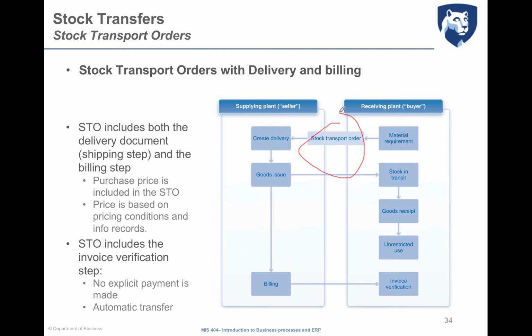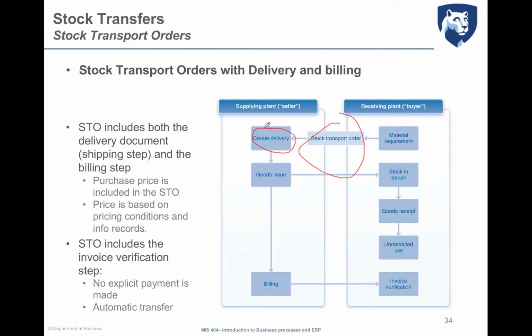In this case, differently from what happened in the previous two scenarios, a purchase price is included in the stock transport order based on pricing conditions and info records previously established. In reaction to this, the supplier creates a delivery document authorizing the shipment, because it is a stock transport order with delivery, so shipping activities are in charge of the seller.